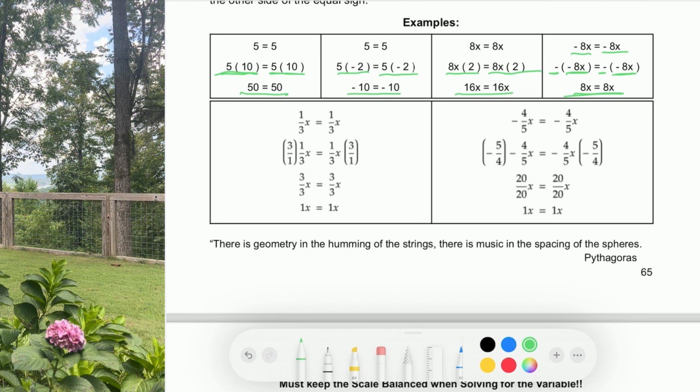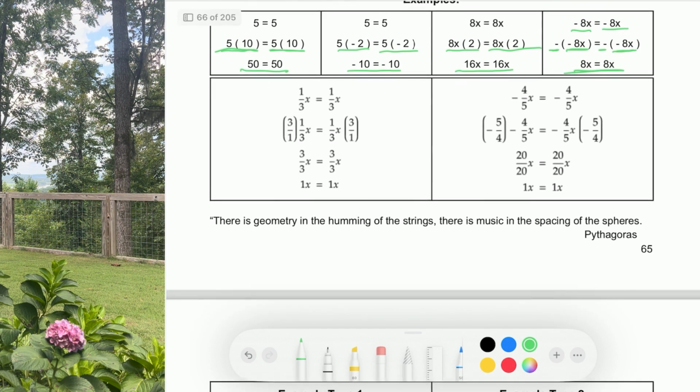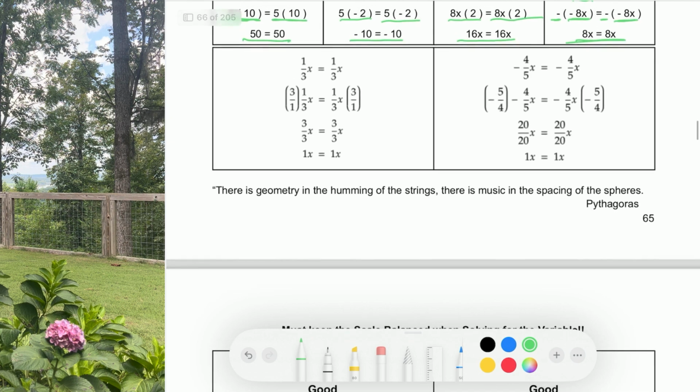All right, so let's look at these fraction examples here. I have 1/3 x equals 1/3 x. If I multiply 1/3 x by the reciprocal, by 3/1, I end up with 3/3x. And 3/3 reduces to 1.